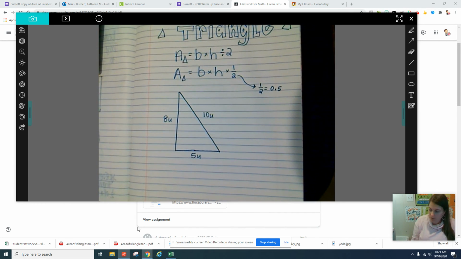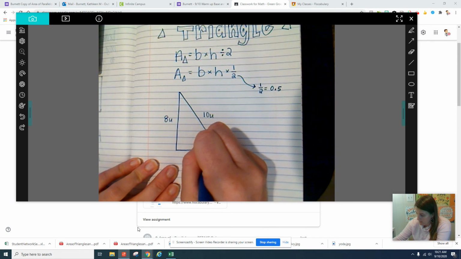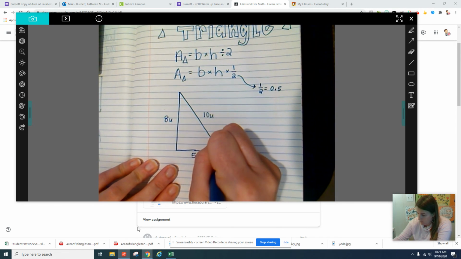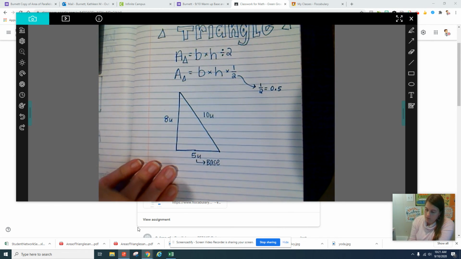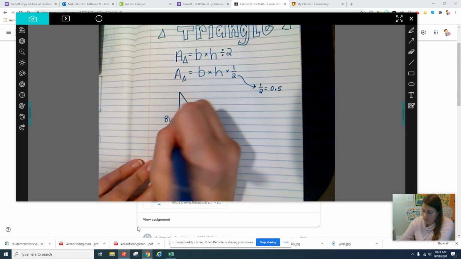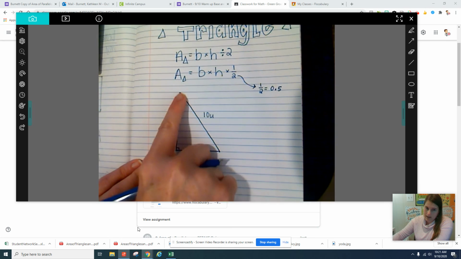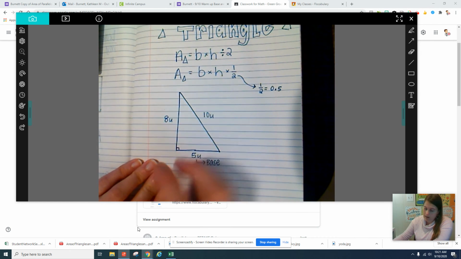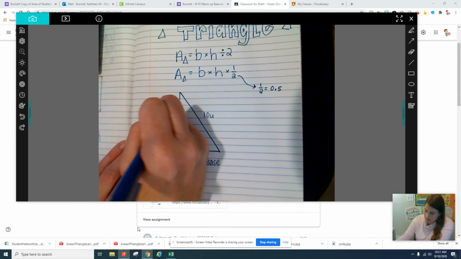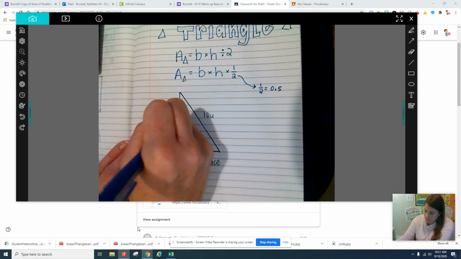You should remember from parallelograms that we can say 5 is the base, but we had some trouble always finding the height. Okay. The height has to be the straight up and down line. Okay. It has to hit the base at a right angle. So right here, the 8 hits the 5 at a right angle. So 8 is going to be the height.